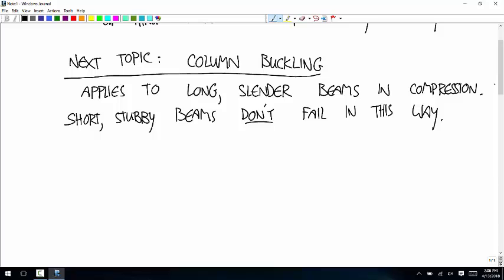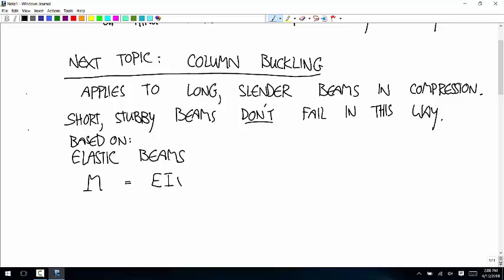We're going to assume elastic behavior, so this is based on the theory of elastic beams, and that means that at any point, the bending moment is equal to E times I times the curvature of the beam.